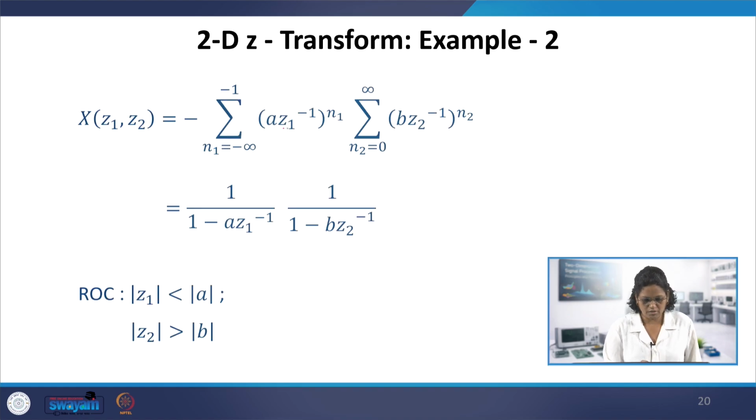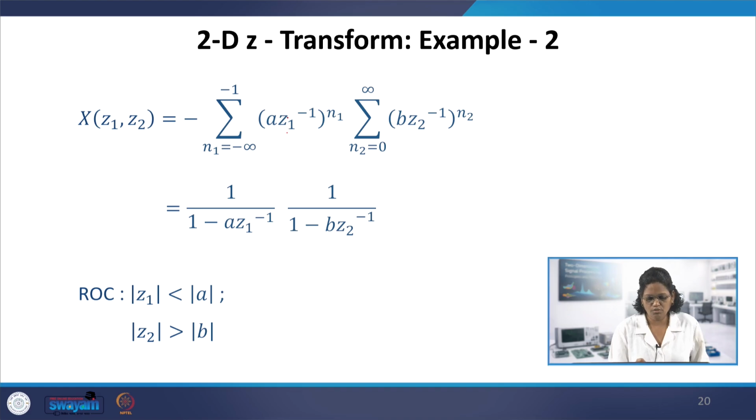So this summation now results in 1 by 1 minus a z1 power minus 1, and in this case 1 by 1 minus b z2 power minus 1. So the two sequences result in a similar kind of Z transform here also. The first case, a z1 power minus 1 should be less than 1, in the sense that it is not minus infinity to minus 1, it is going to be 1 to infinity.